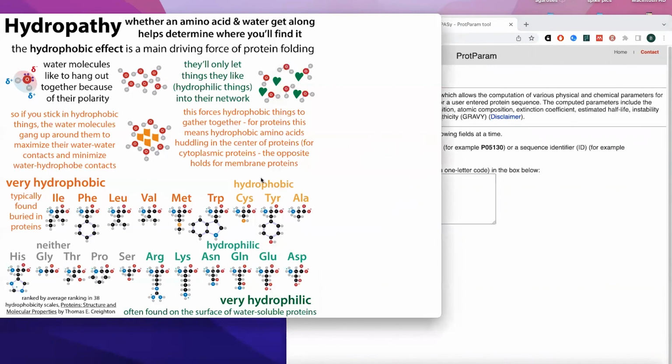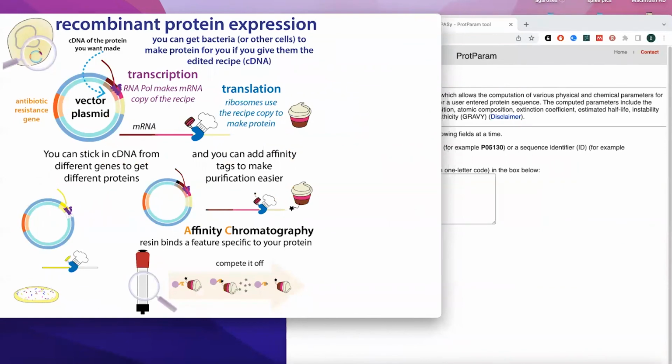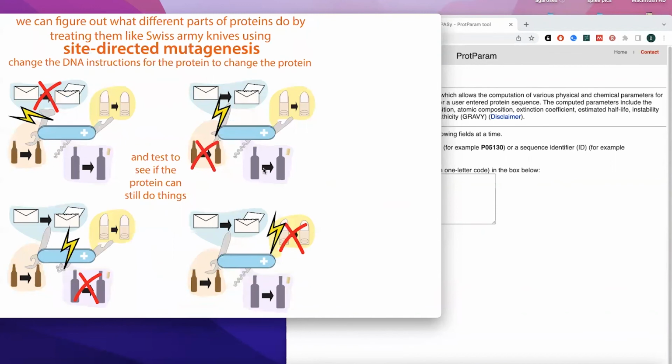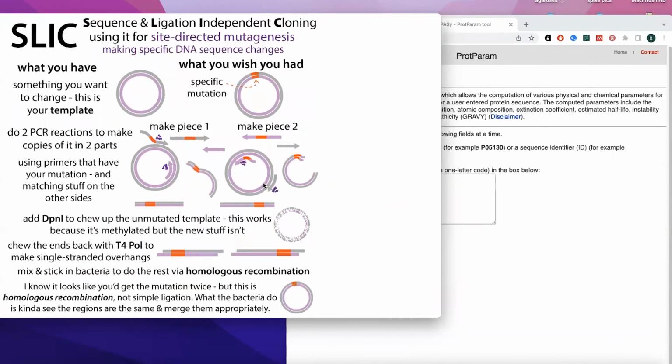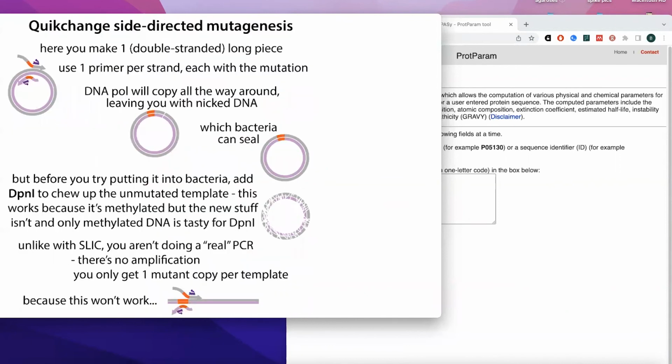This can be helpful if you're doing recombinant protein expression, so expressing this protein in the lab, taking the genetic instructions for making it, sticking it in cells and getting the cells to make it. Since you can manipulate the sequence, you can make changes to see what different regions of the protein do. You can make these changes using methods like SLIC or QuikChange directed mutagenesis. So there are various ways that you can make different mutations to the protein and see what they do.